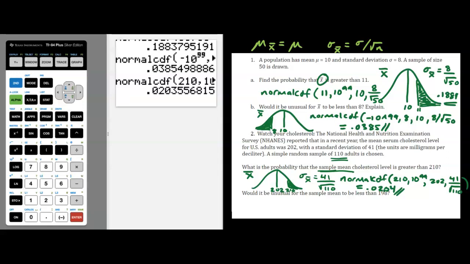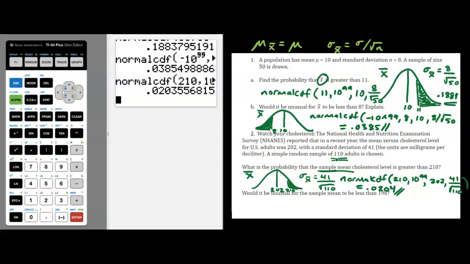Some people are sometimes surprised at that, but it basically speaks to the power in numbers here. It's much more difficult for a group of 110 people to have a cholesterol level average greater than 210 than it is for a single individual to have a cholesterol level that is greater than 210.